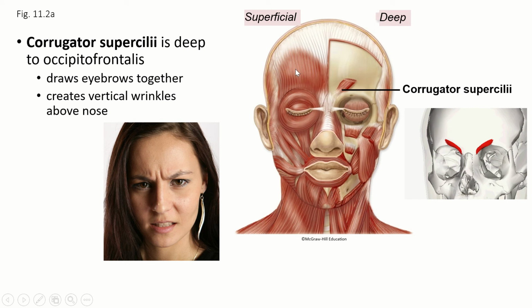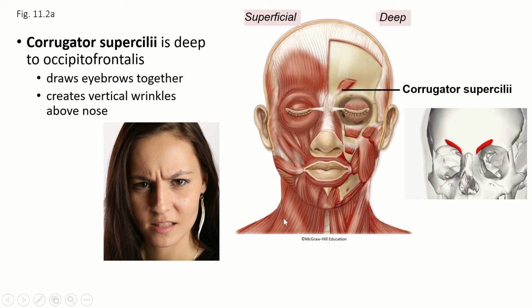Now, on these diagrams and on the diagrams for all of our muscles, all the things that we're going to do this week, there are often two layers, sometimes more than two layers. And the way that your textbook has done it is that the left side is always superficial to the right side. And they're usually labeled superficial and deep.